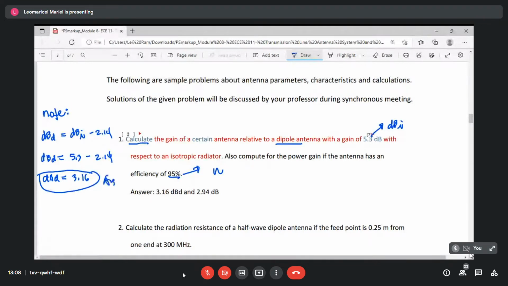Now, sinabi dyan, also compute the power gain of the antenna. It has an efficiency of 95%. I will also note that the power gain is equal to the efficiency multiplied by the directive gain. Okay, diba? So yun yung ating compute.